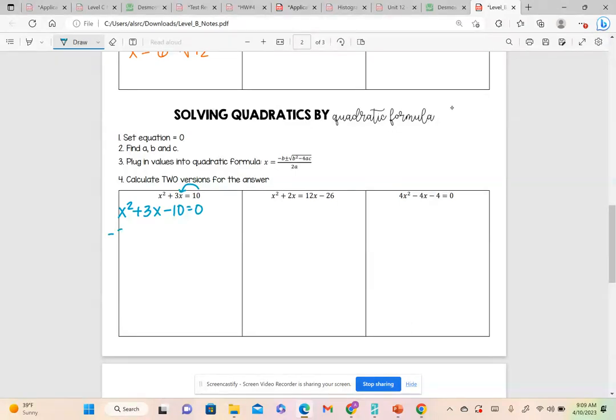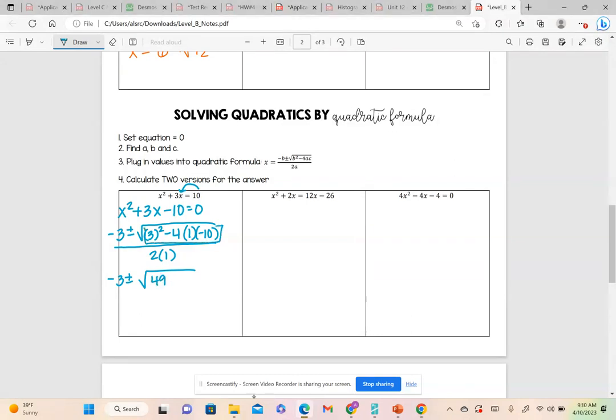Okay, opposite of b. So the opposite of b, plus or minus the square root of b squared minus 4 times a times c, all over 2 times a. Okay, so negative 3 plus or minus the square root of 49.